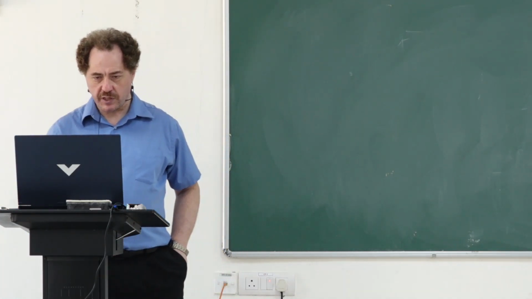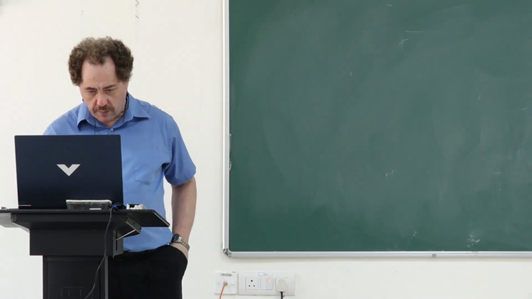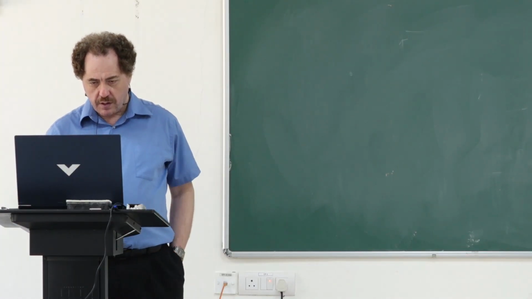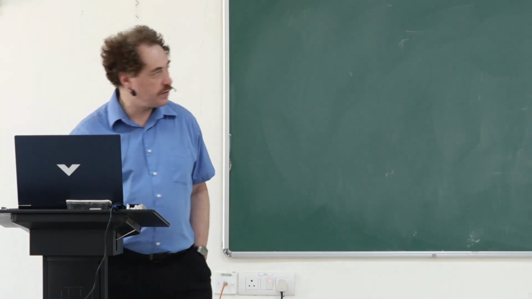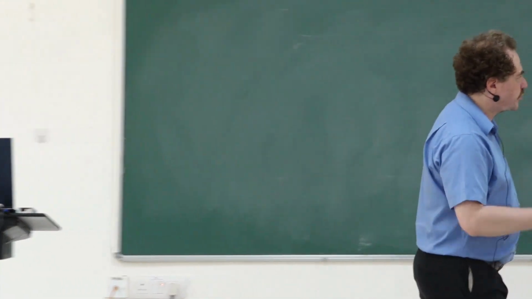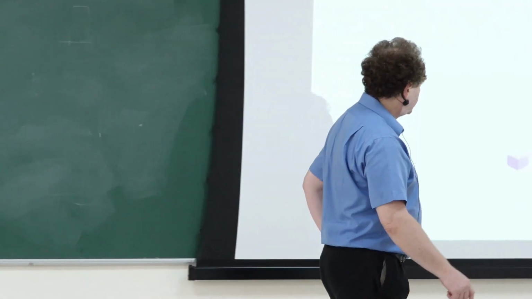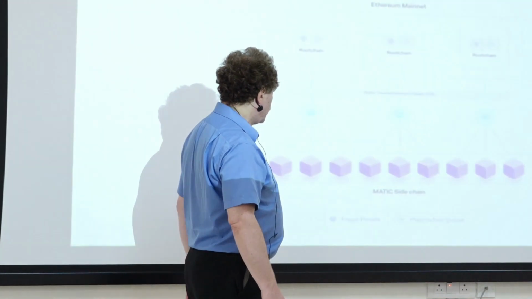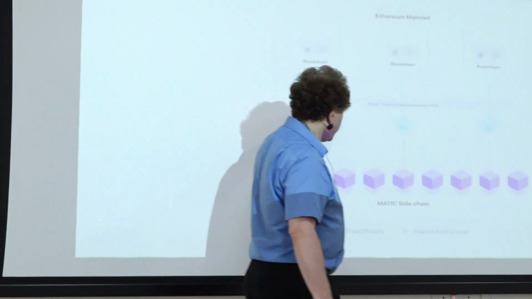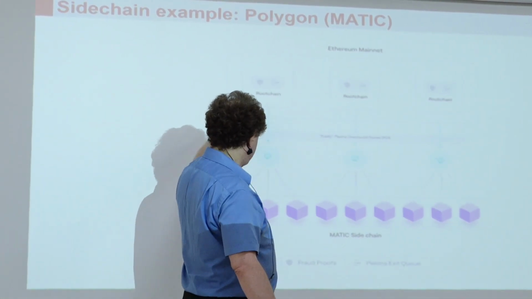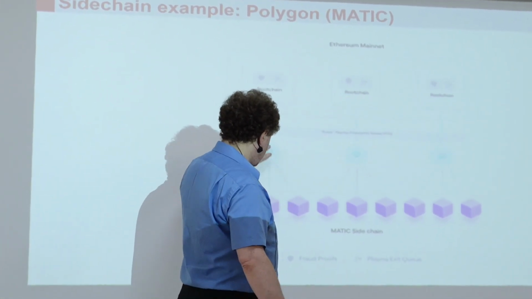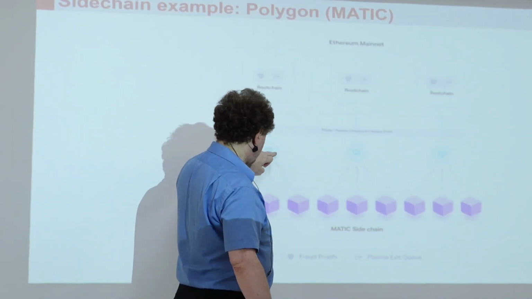So here's an illustration. It's called Matic, a Matic sidechain. Sorry for the quality of the picture, it's not really visible. Anyway, this is the mainnet of Ethereum, and the mainnet can be divided into different points, different checkpoints.